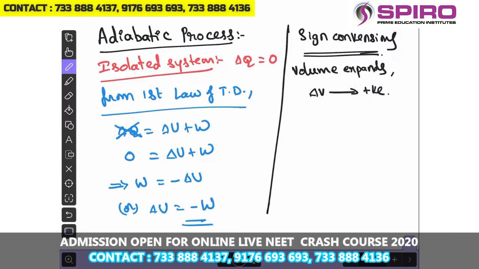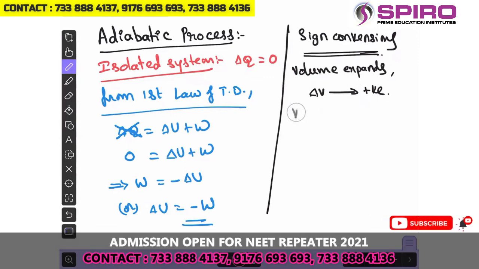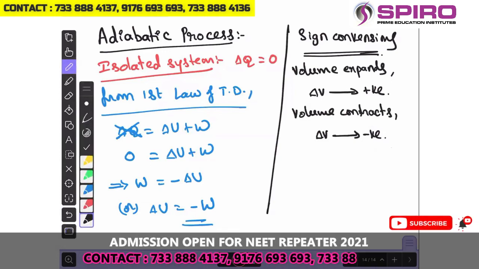If volume contracts or decreases, delta V is negative. If volume expands, delta V positive, then automatically W also will be positive.